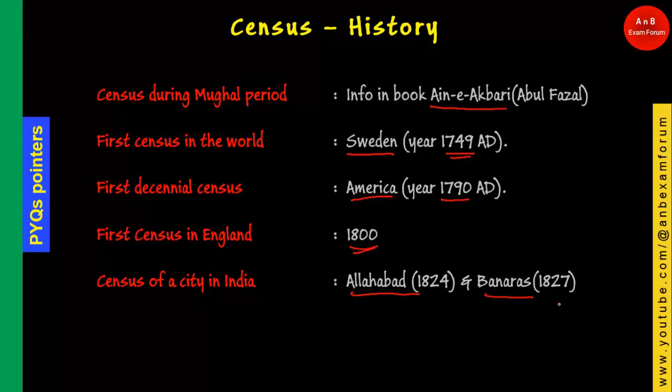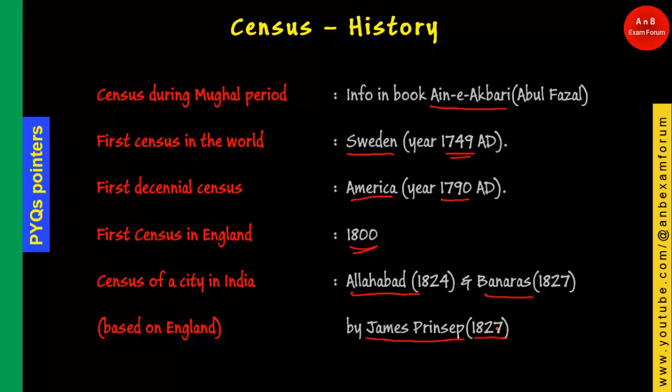Why was this census conducted? Because this was under the England region. This census was conducted by James Prinsep in 1827.